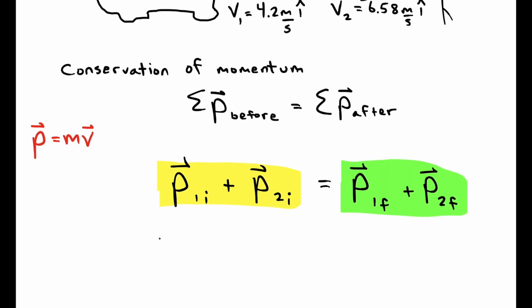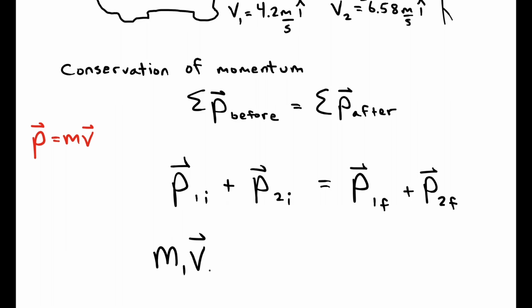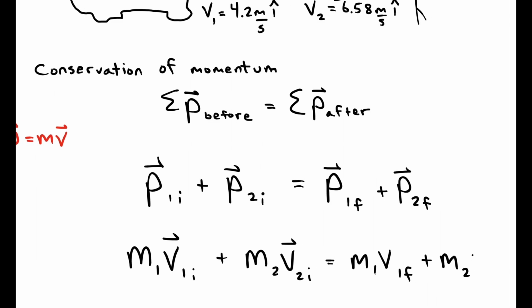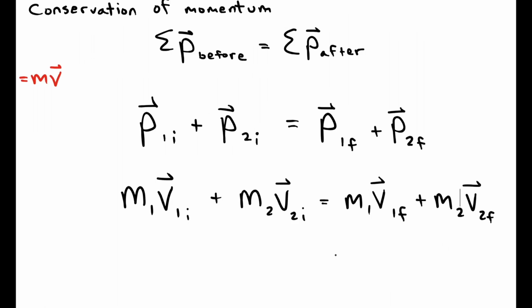Then I'm going to substitute in a formula for p. It's going to look like this. Now I'll just plug in the relevant quantities. We certainly know the rhino's mass and his velocity.